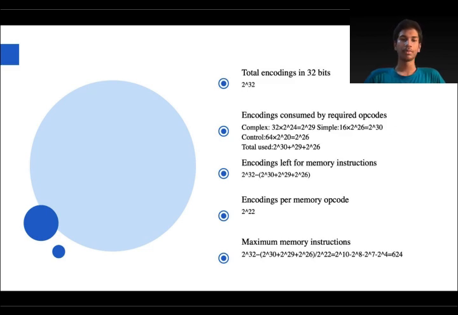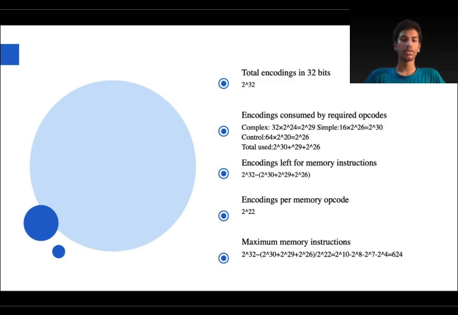Now, let's compute combinations per opcode. For complex, there are 3 registers, that is 256 cubed, which gives 2 power 24 per opcode, and we have 32 such opcodes. So totally 32 into 2 power 24, that is 2 power 29 complex instructions.